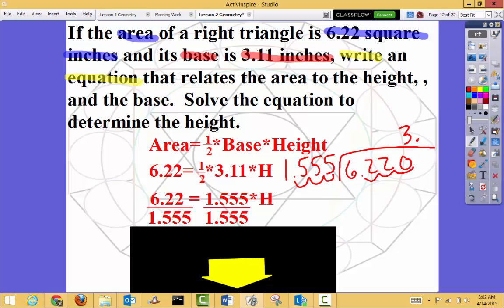That decimal will go right here. 15, 16, 16, and 4. Borrow, borrow, borrow.